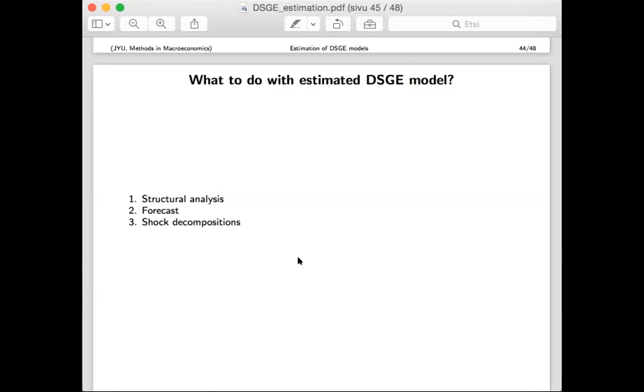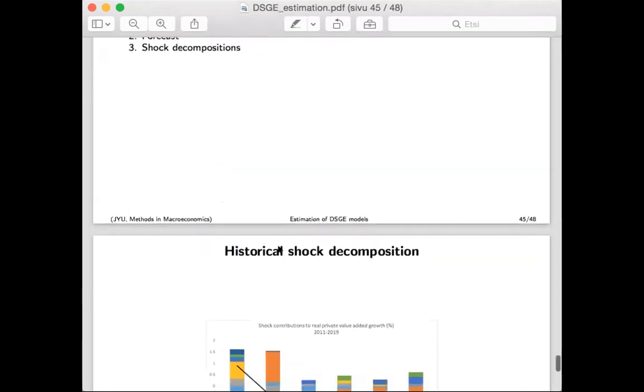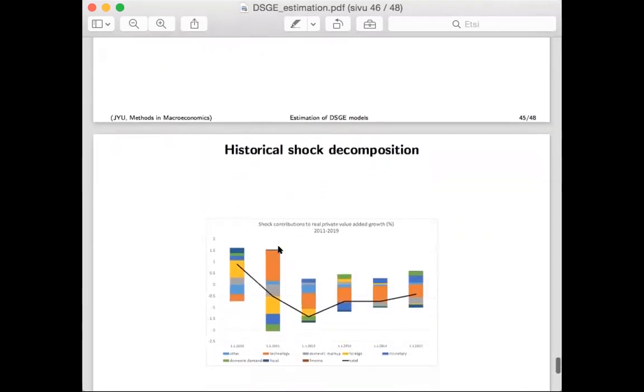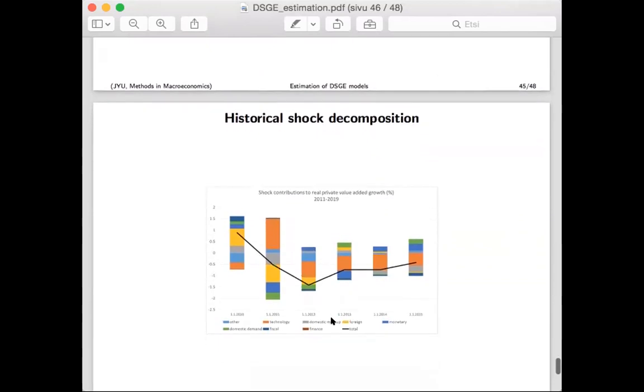Another option is to use the DSGE model for forecasting purposes, and then to analyze the macroeconomy through shock decompositions, historical shock decompositions, so that the path of some variable is decomposed into contributions of different shocks.